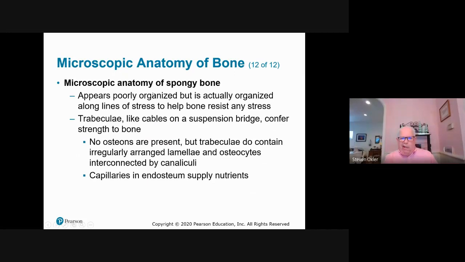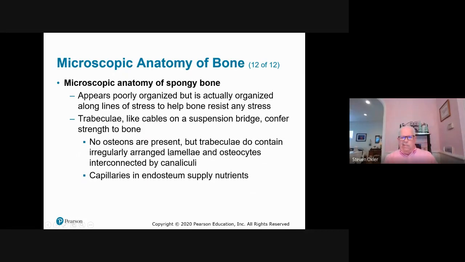It has holes in it. There are no osteons in spongy bone. Okay? But there are osteocytes, and those osteocytes maintain spongy bone.